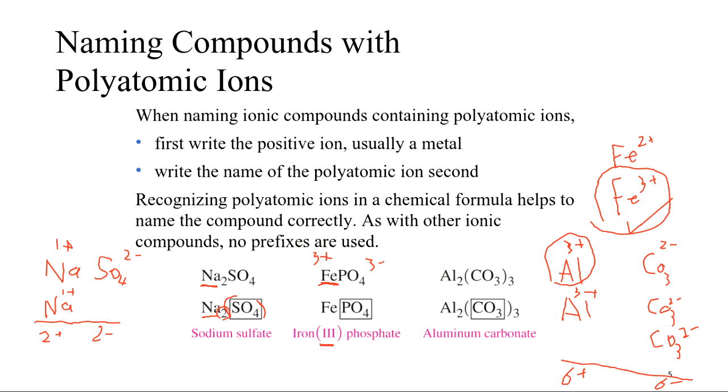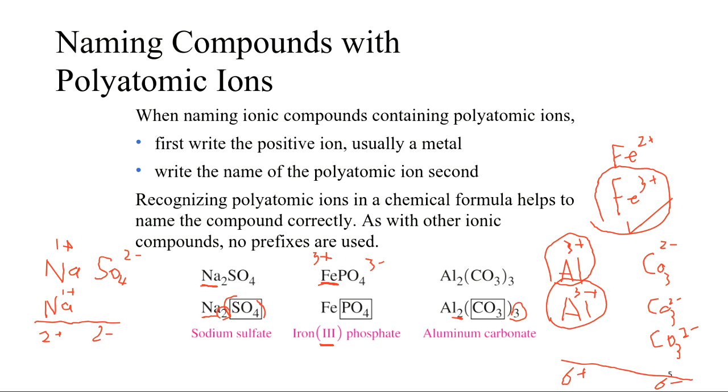cations, so it will be Al2, this is the subscript, while I will use 3 carbonate, so it will be CO3 between parentheses, because we said that the polyatomic ions, we put them between parentheses or brackets. And then outside the parentheses, we add the subscript. So that will be aluminum carbonate.